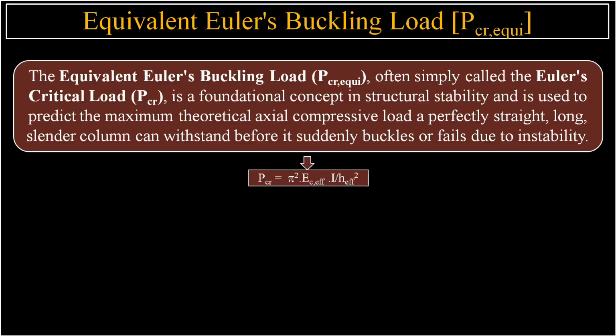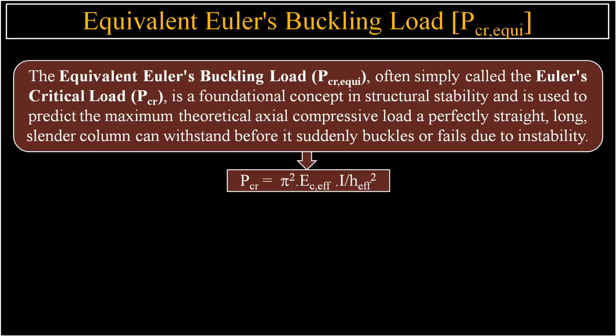General formula. The general formula for Euler's critical load is PCR equals pi squared times E times I, all divided by the square of the effective height, HEFF. The key element here is the effective height, HEFF, which is K times the unsupported height, H unsup.